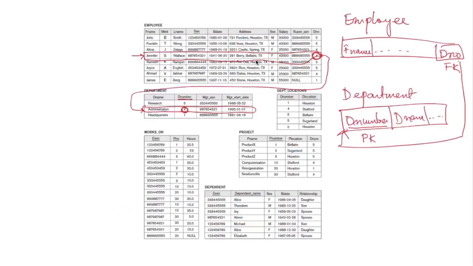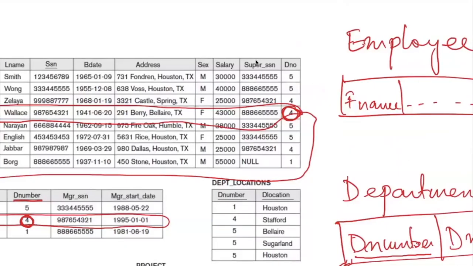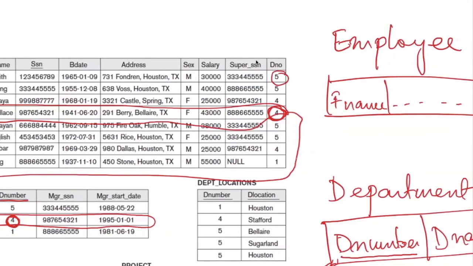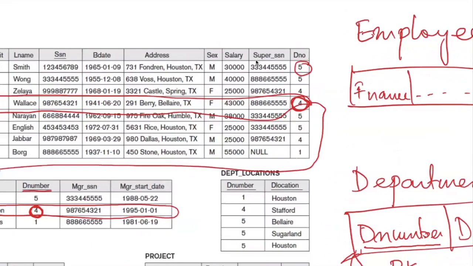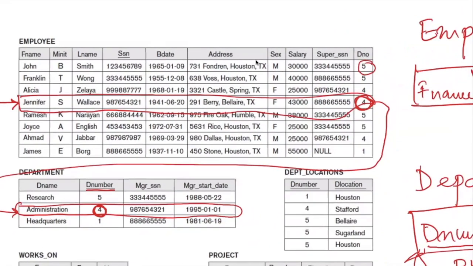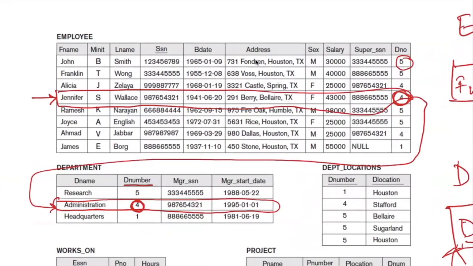Let us look at each of these. For this one, DNO is 5. Is there a tuple with department number 5? Yes, we have Research. Similarly, the next one here is also 5, so yes, it refers to an existing tuple.